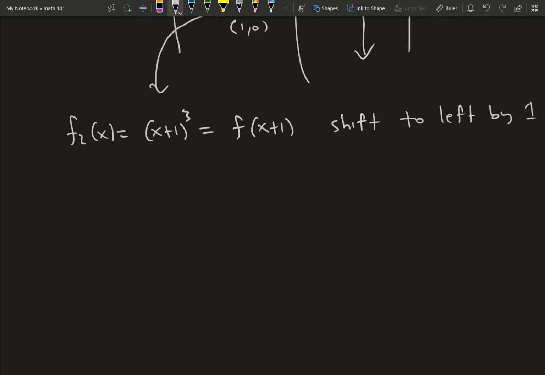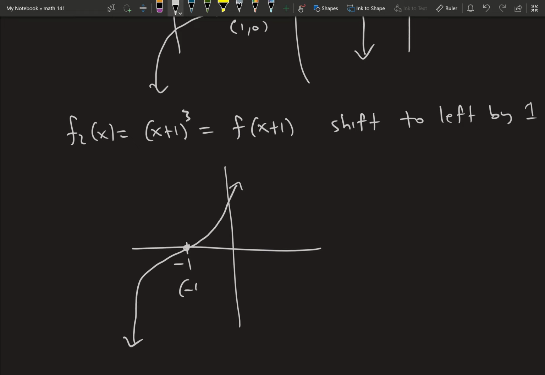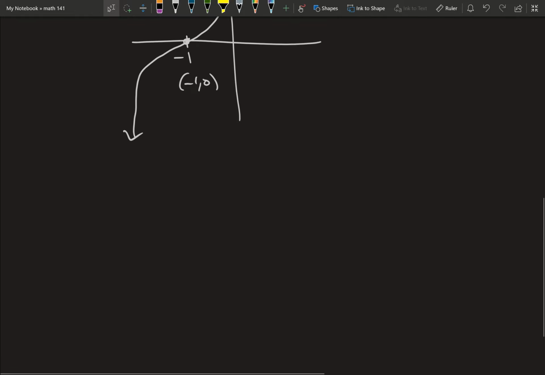So we take that point 0, 0 in the original graph, move it over by 1 unit to the left, meaning to negative 1, 0, and then draw the same graph. So this is negative 1, 0. Okay, so that's the exercise from last time.